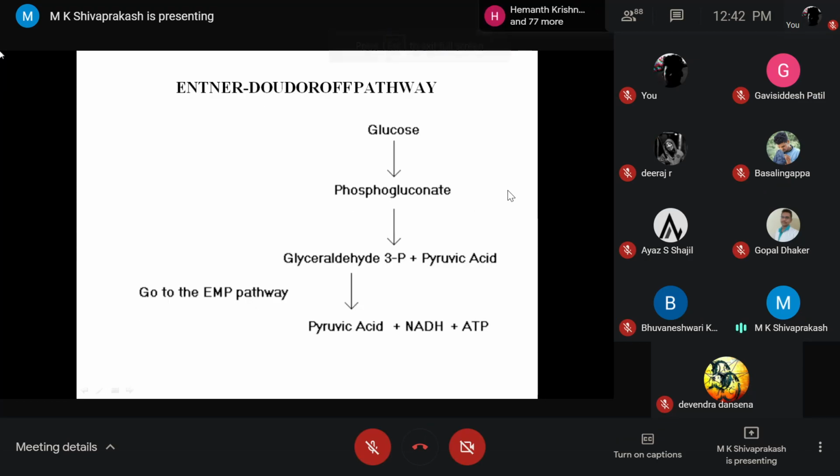And the next pathway is the Entner-Doudoroff pathway, which is seen in Pseudomonas and related organisms. Here again, at the end, pyruvic acid and NADH are produced, but it takes a slight deviation. Here again glucose is converted to phosphogluconate.